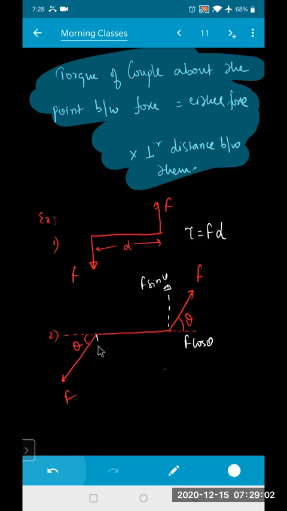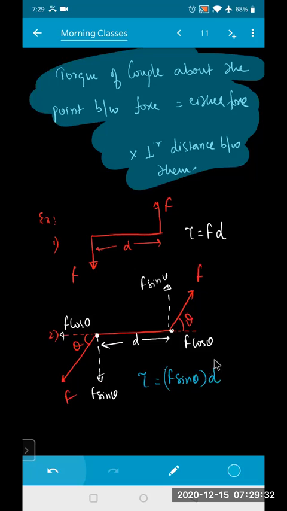In the same way, if we resolve this one also, this will become F into sin theta. This will become F into the distance between these two particles, say from here to here is D. Torque is 0 because of F cos theta and this F cos theta. So torque is only because of what right now here? F sin theta into the perpendicular distance, that is your D. So I hope you got a rough idea of how to calculate the torque.